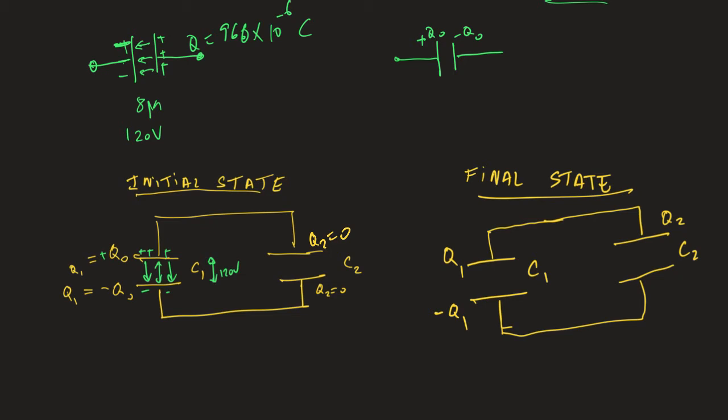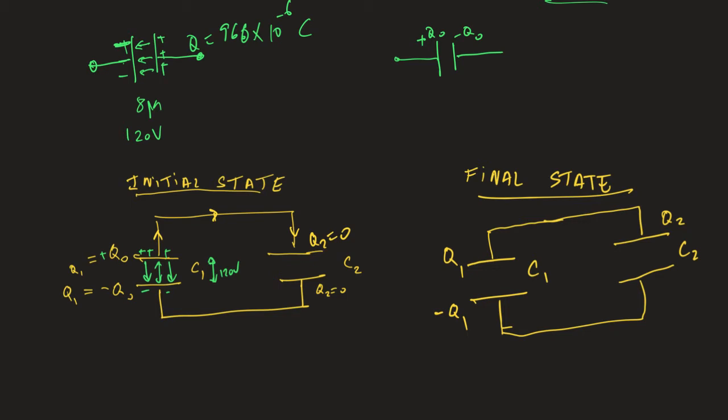What will happen? The charge will flow and will create an equipotential surface for the conductor. So this conductor becomes an equipotential surface, and some amount of the 960 microcoulombs will stay here, and some other amount will stay here.